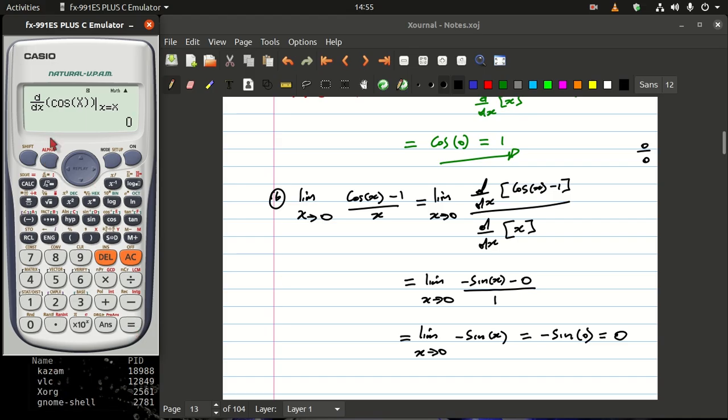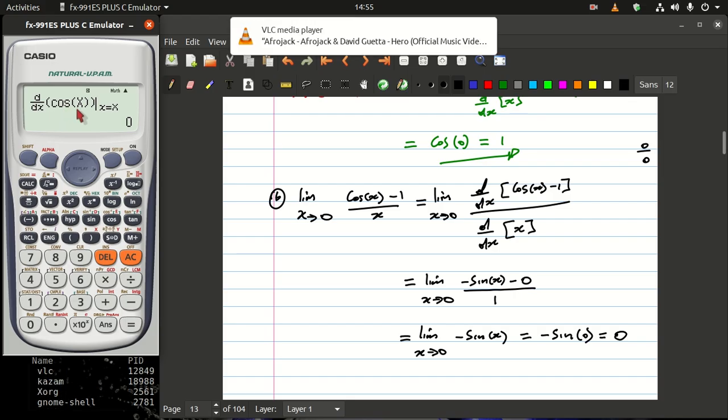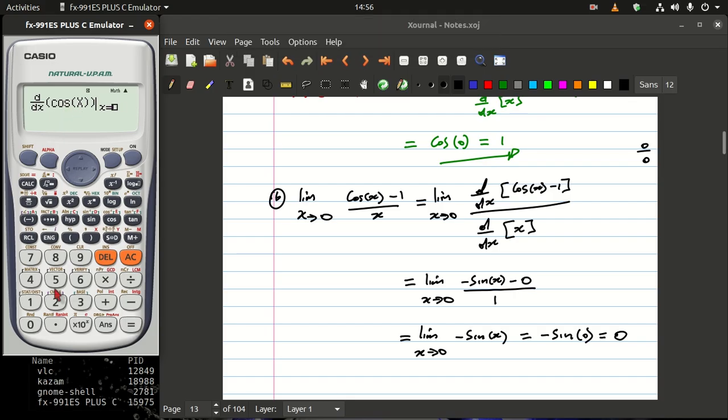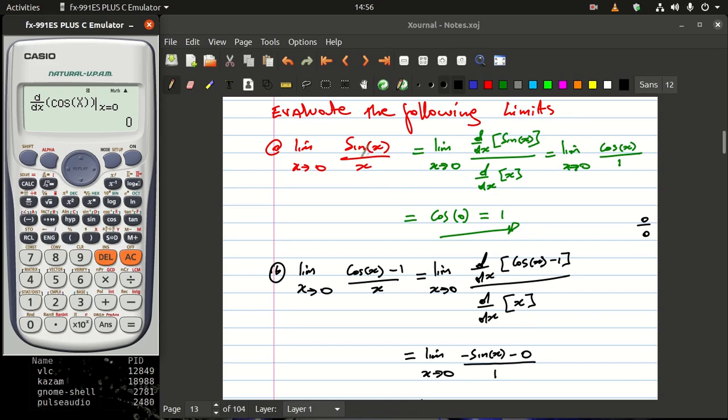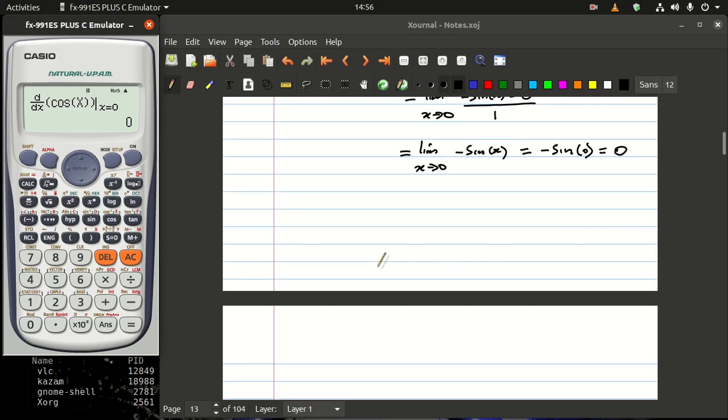Okay, of course, if I'm taking the derivative of this and evaluating it at 0, I'm supposed to get a 0, which is what is happening here. I don't know why the calculator doesn't do it, maybe it's not built like that, but you still remember that the derivative, of course, is minus sine. That is what is important. We were using L'Hopital's rule and the squeeze theorem to solve that, if you still remember when we were dealing with the squeeze theorem.